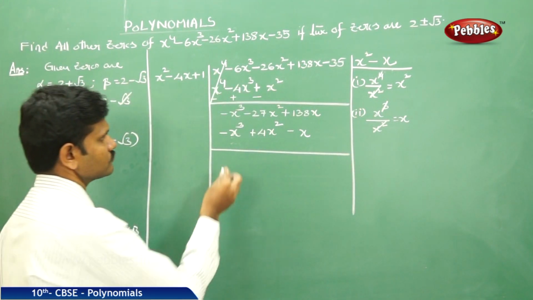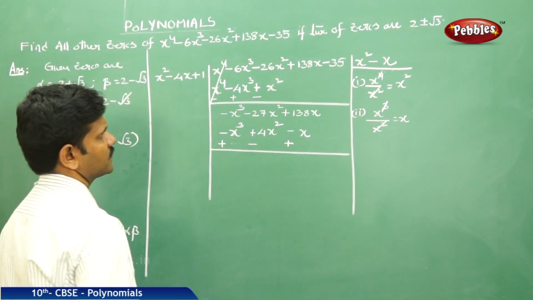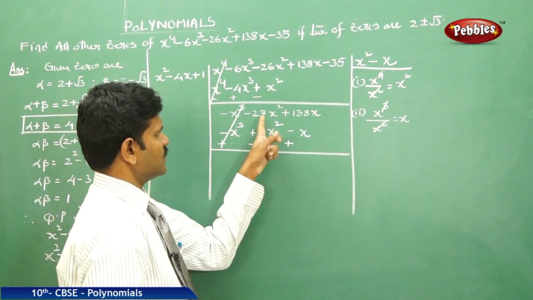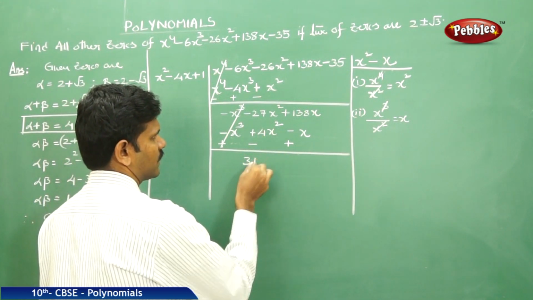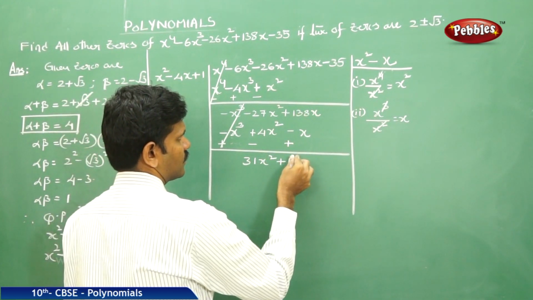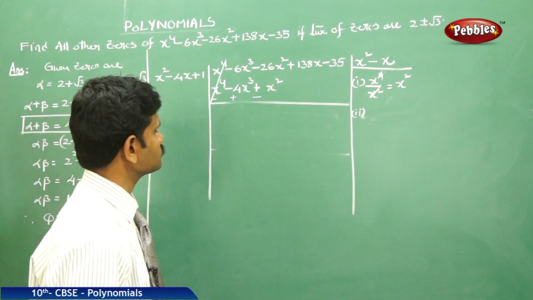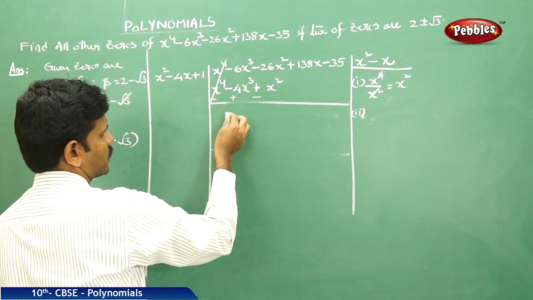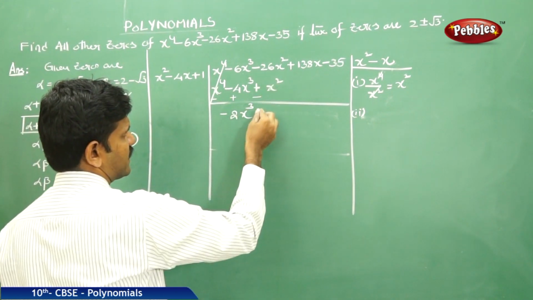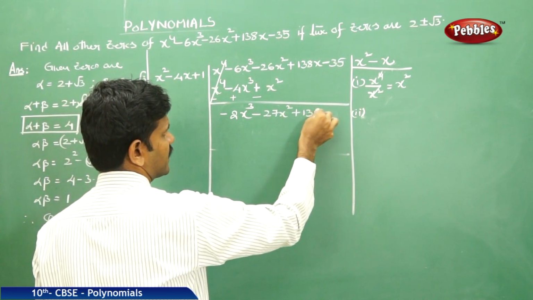Now plus minus plus cancel. 27 minus 4 is 31x square. Now both are plus, 138 plus 1 is 139x. Minus 6x cube plus 4x cube is minus 2x cube, minus 26 minus 1 is minus 27x square plus 138x.